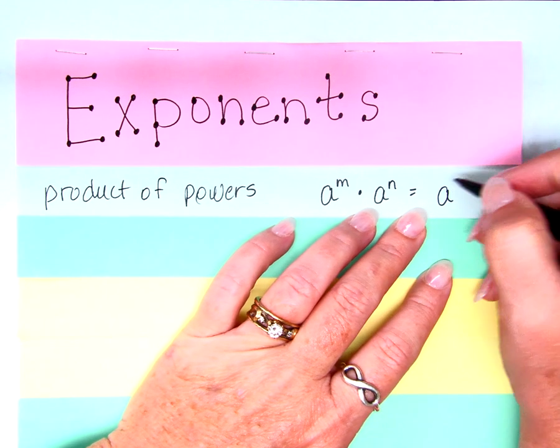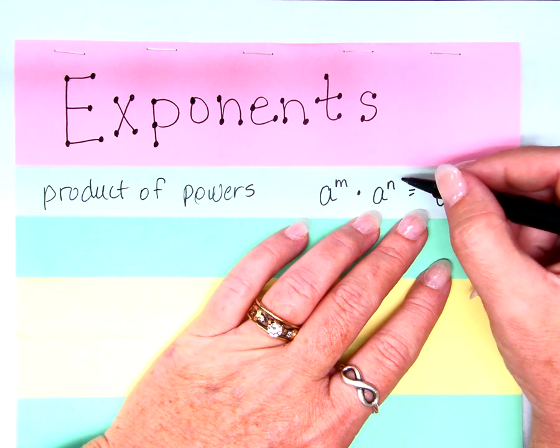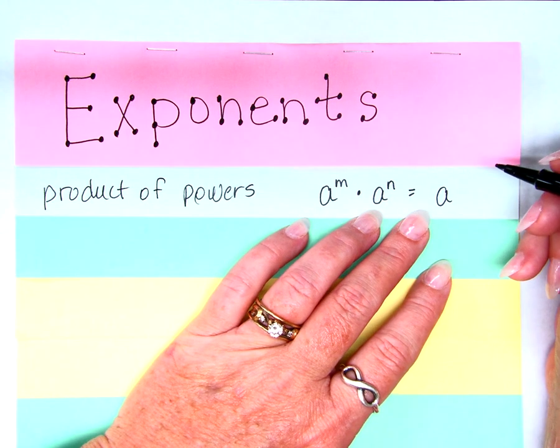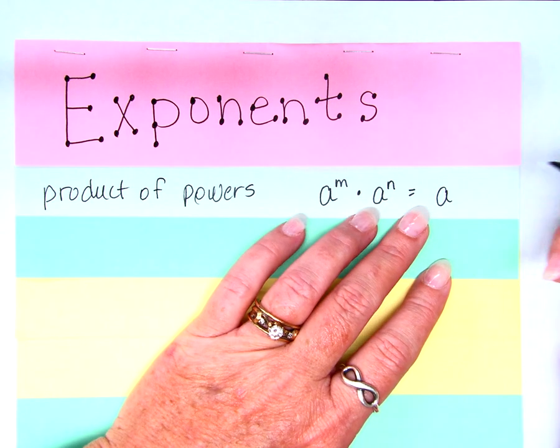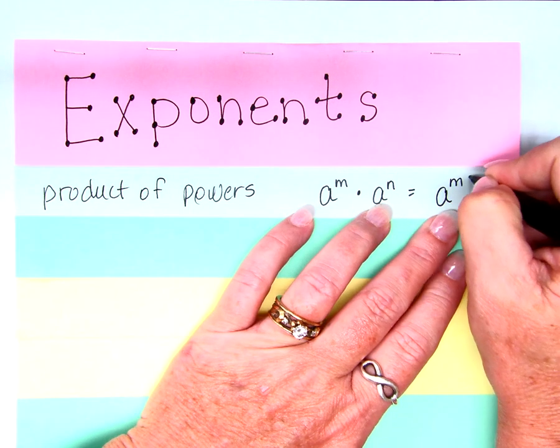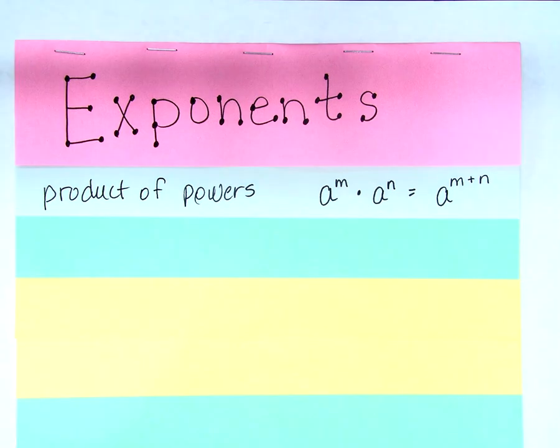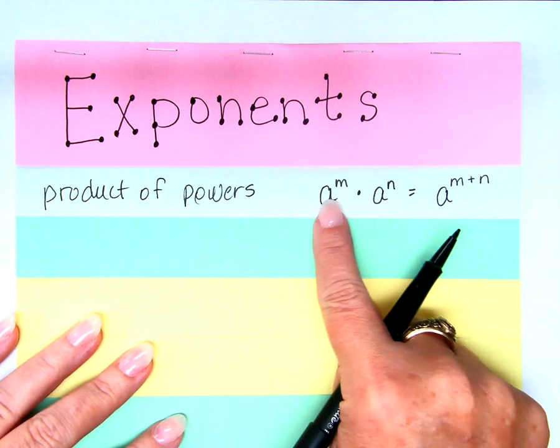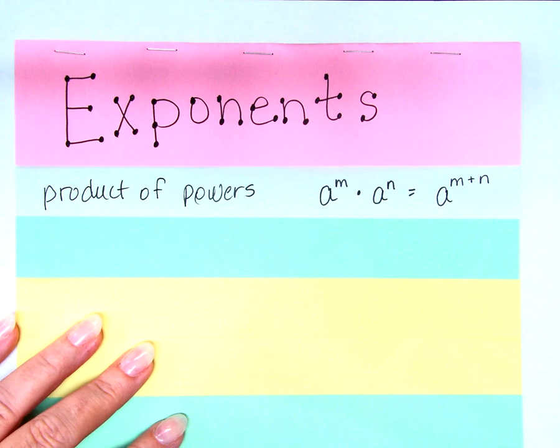What's the mathematical word for what I do with m and n? Add, right? Add m plus n. When I am multiplying like bases, I add my exponents.